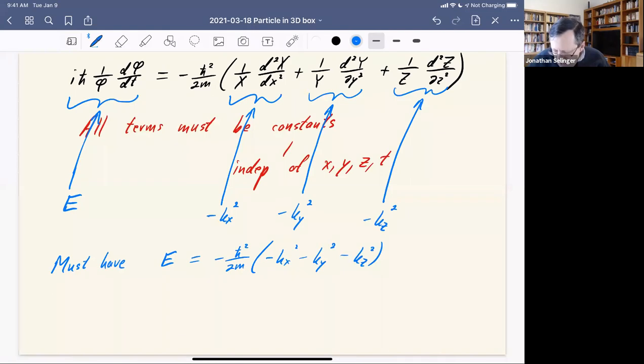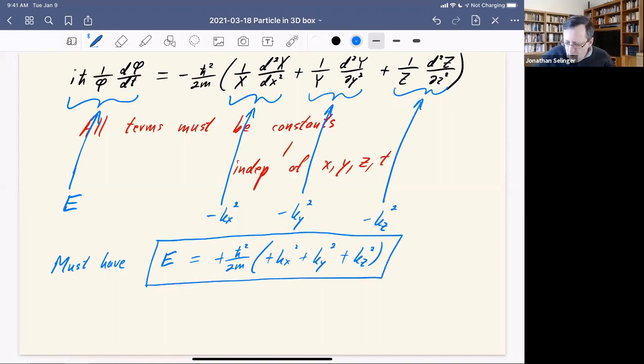All these negative signs cancel, so it's the sum of those k squareds. So in order for the separation of variables to work, we must have this relationship between our constants, the E and the three k's. Let's keep that constraint in mind.